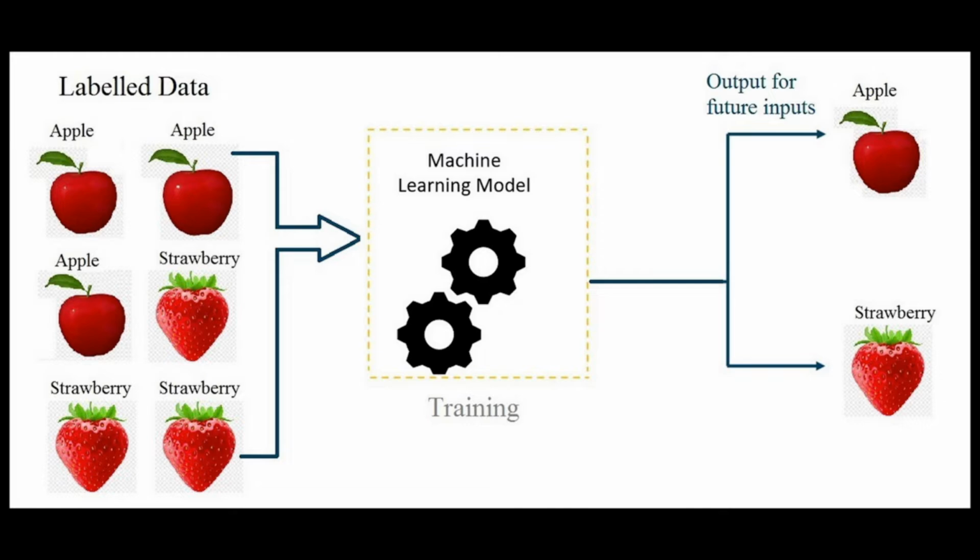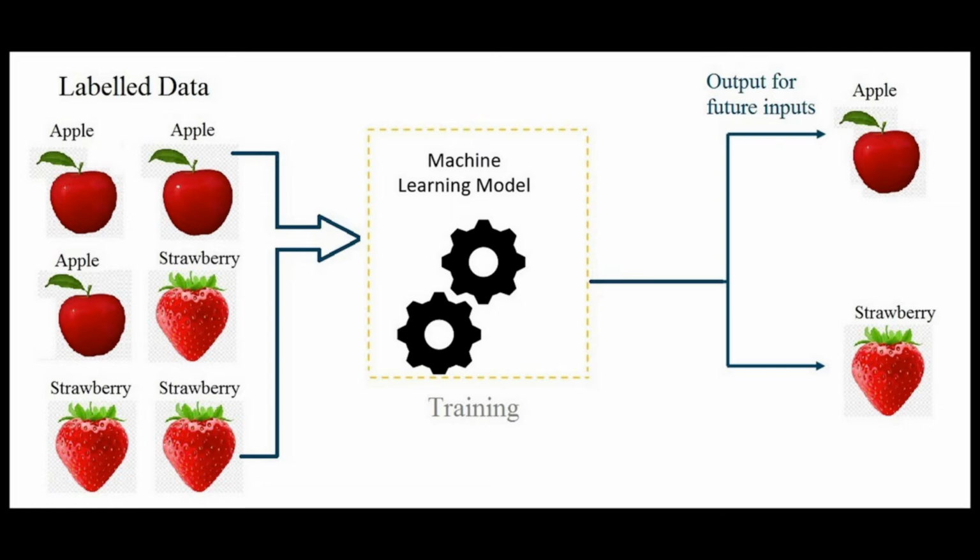Here's an image that I grabbed off of the internet, right? So how classification works is that first we're given some labeled data. For example, here we have some images of apples and strawberries, and it's important to know that they're labeled, right? We label that those are apples or those are strawberries.